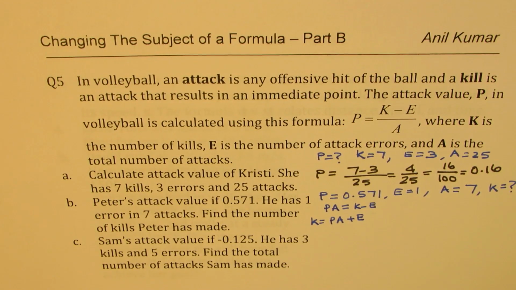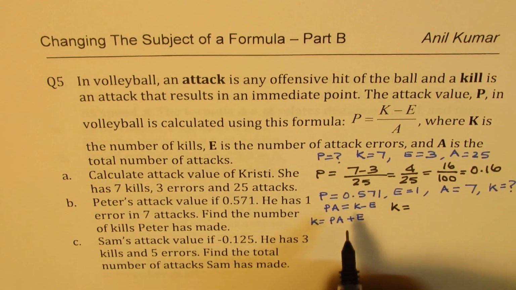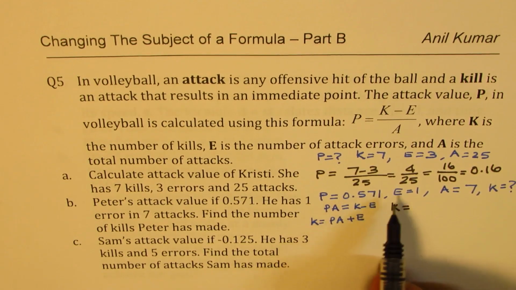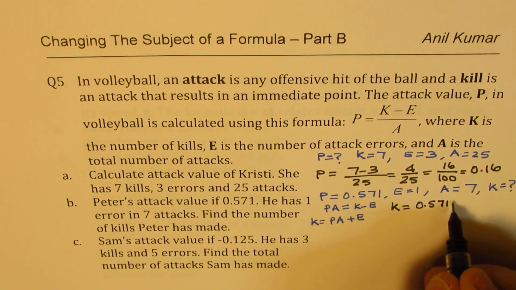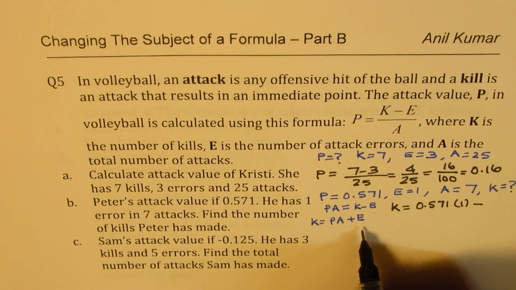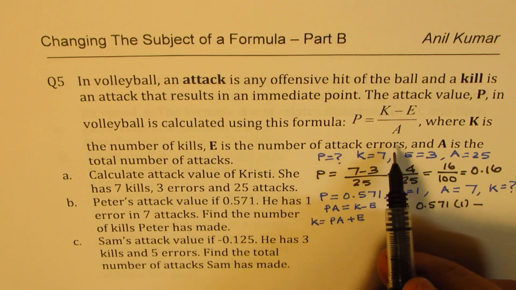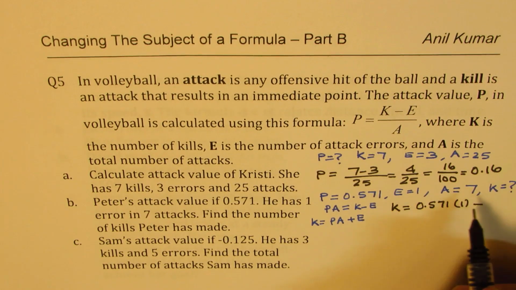So that is how we are going to reorganize. Now once we have done that, we can find the value of K. So K is equal to P times A, which is 0.571 times 7, sorry.